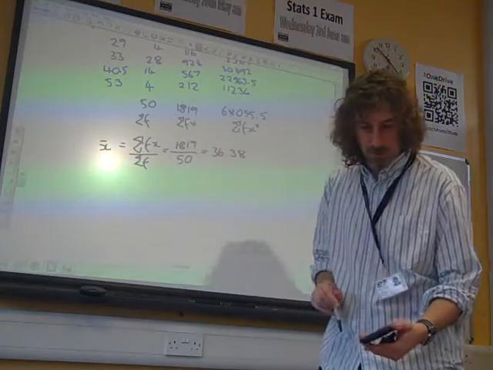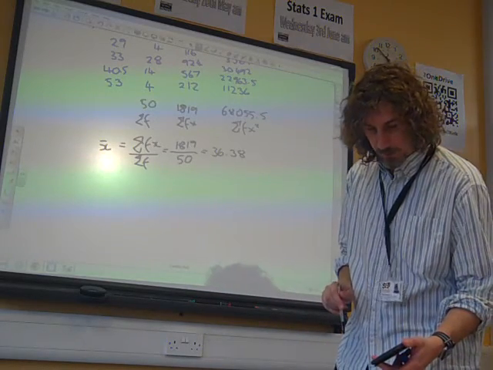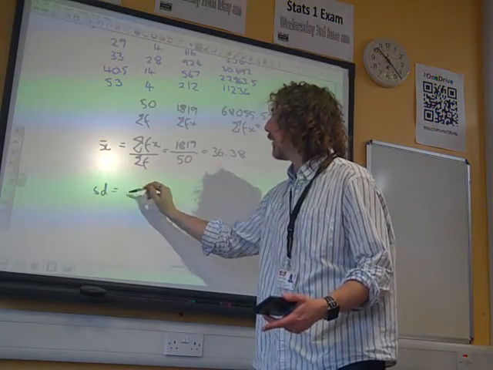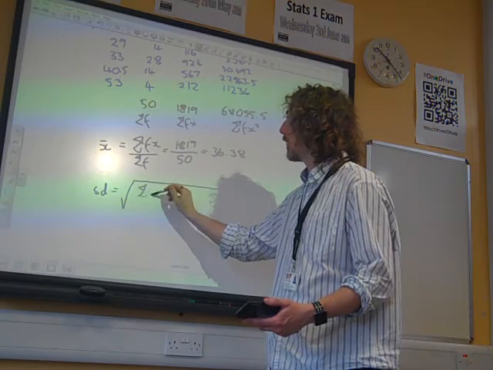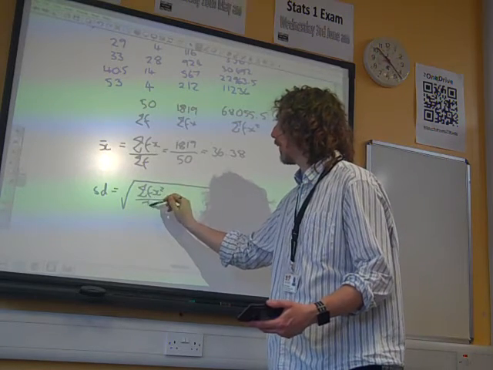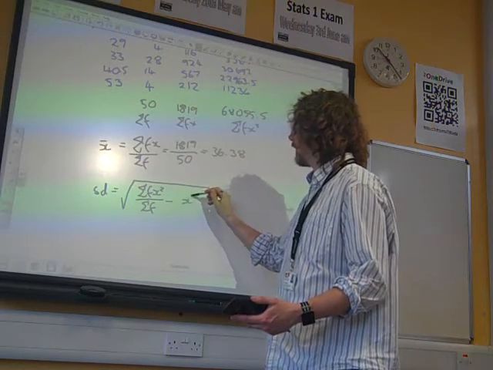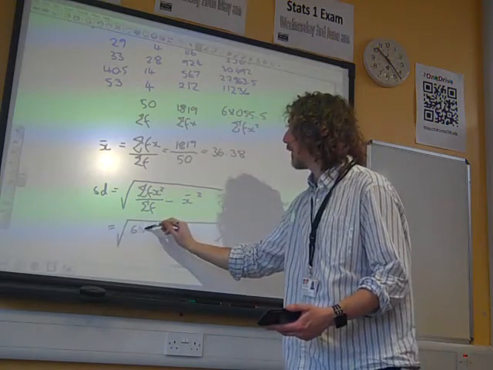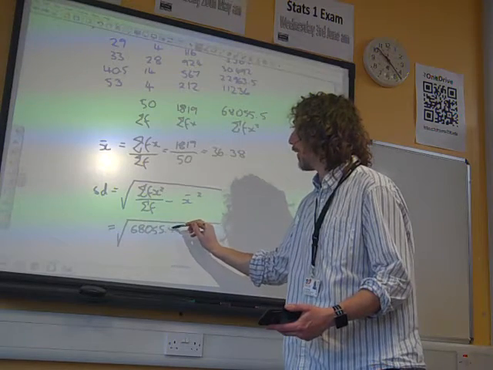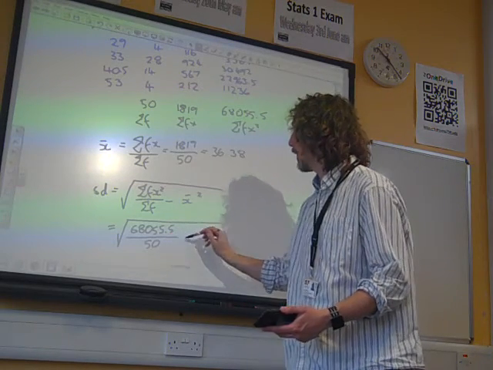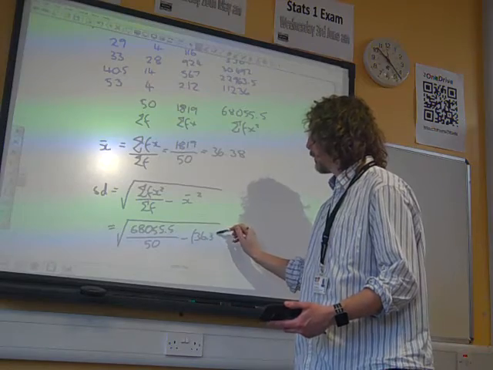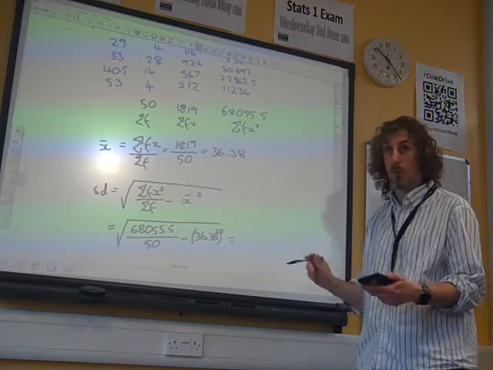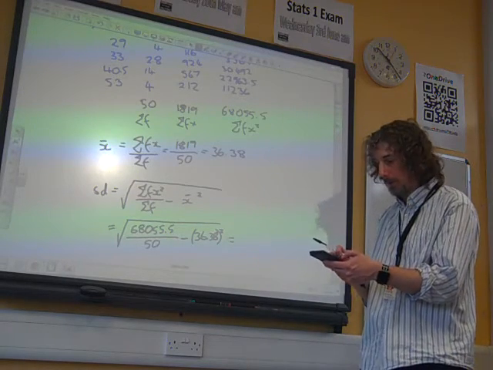And they wanted the standard deviation, didn't they? So the standard deviation is the square root of sigma fx squared over sigma f minus our mean squared. So it's the square root of 68055.5 over 50 minus, and we've got that is the exact version of that, but we're going to be careful that we do use the exact version, whatever's gone on before.